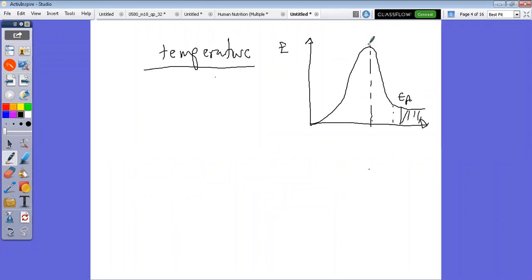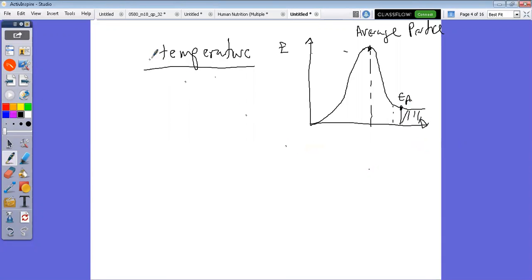This is the average particle energy. You don't need to know this graph. Most particles have this average energy, but they don't have sufficient energy for the reaction to take place, which is the activation energy. Only a few particles have enough energy for the reaction to take place.